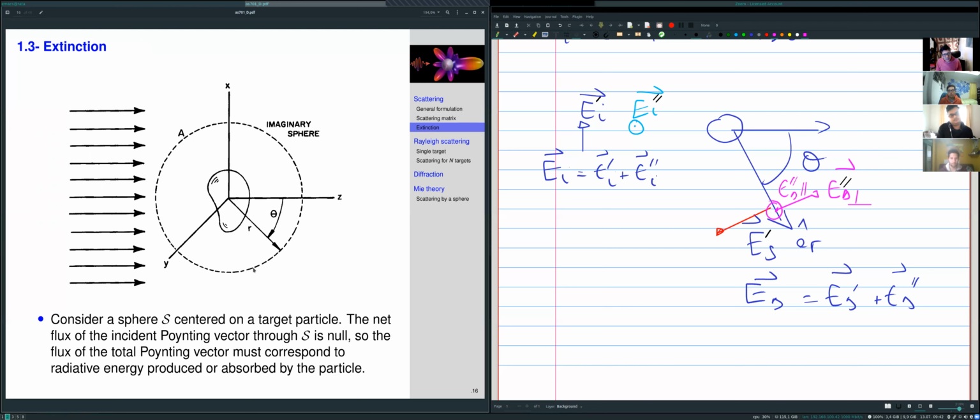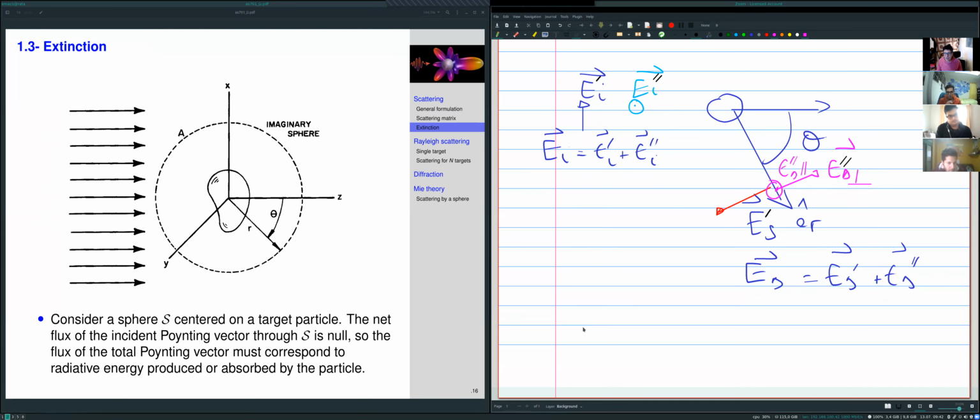Since the flux of the incident field through this sphere is going to be 0, you can imagine that everything that comes in is going to come out for the incident field. And so the flux of the incident field through the sphere A is 0. So that part is not going to contribute.